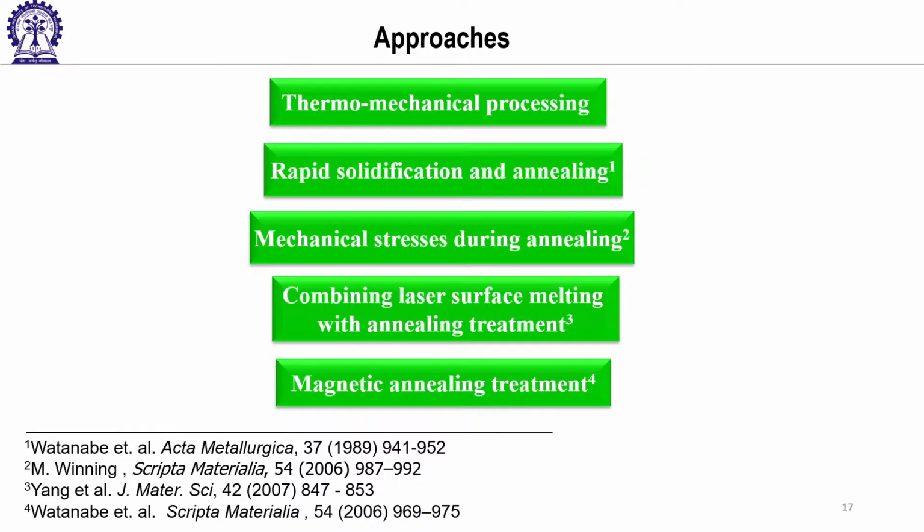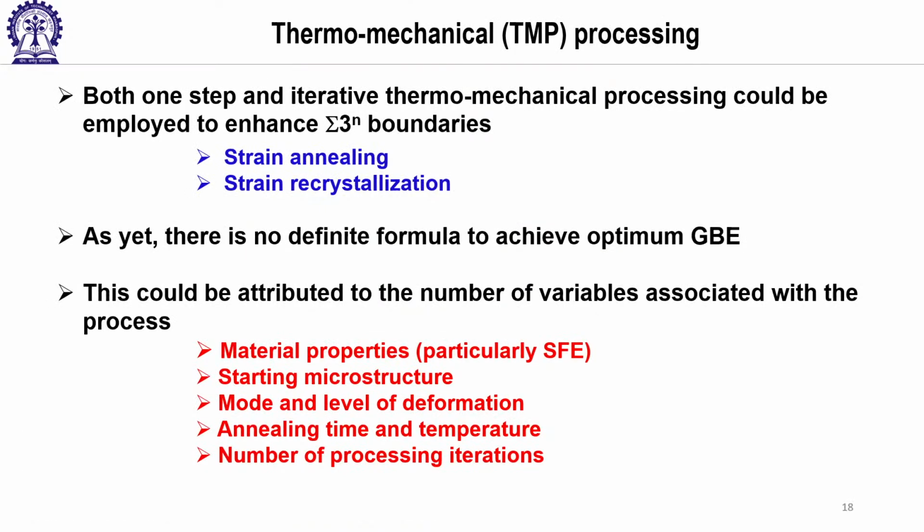So there are different approaches, but thermomechanical processing is definitely the one which most of us employ in our material, right? Because thermomechanical processing has to be done in most of the cases until and unless you are forced to use cast structure. So if that is the case, then why not use thermomechanical processing as one of the important routes to design your microstructure.